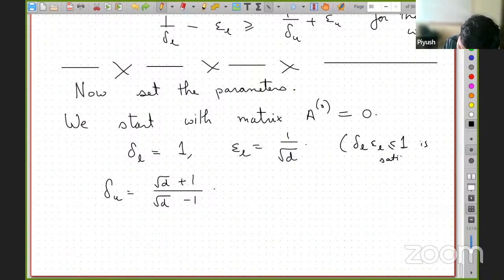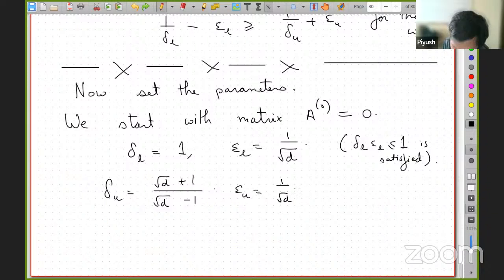Satisfied because d is greater than 1, and epsilon U to be 1 over root d times root d minus 1 over root d plus 1.